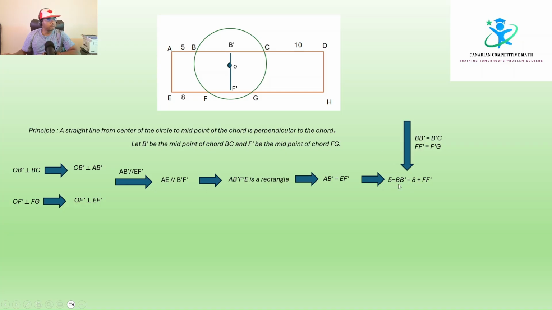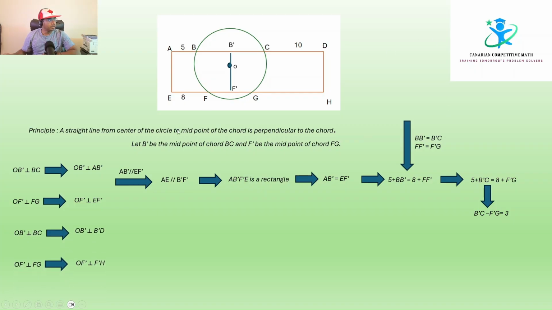So 5 plus BB' equals 8 plus FF', and we can write it as 5 plus B'C equals 8 plus F'G. So B'C minus F'G equals 8 minus 5, which is 3. So we deduce that B'C minus F'G is 3.